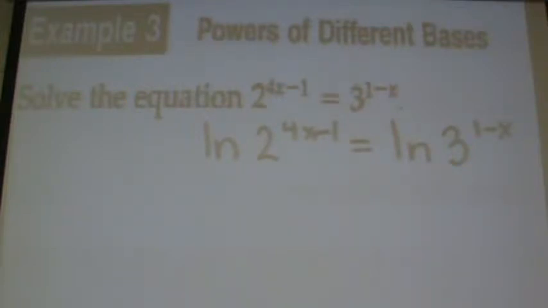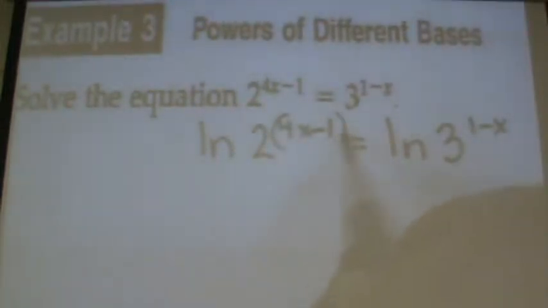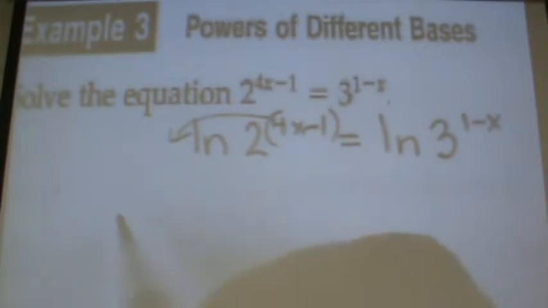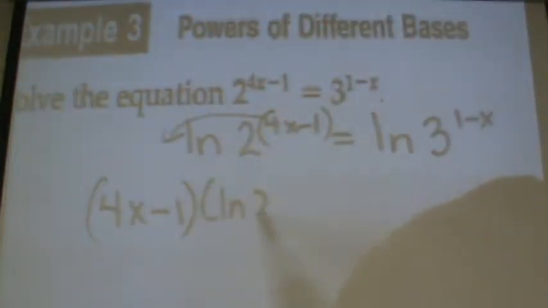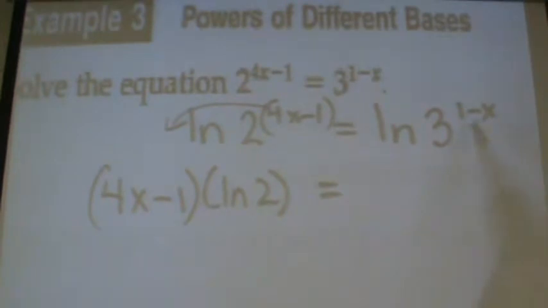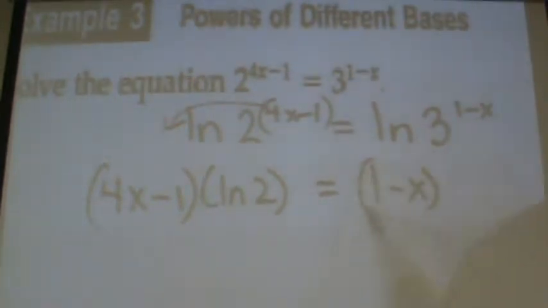Bring it in front. So this power is going to go in front here, so it's 4x minus 1 times ln2 equals 1 minus x times ln3.